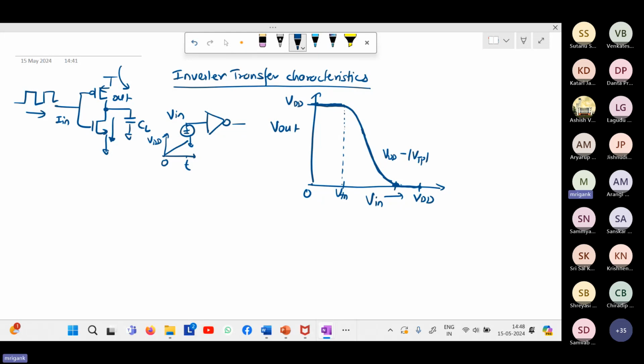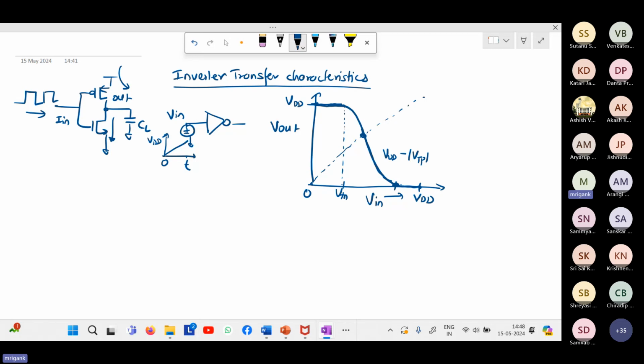And in this region, we can figure out which transistor is in what state of operation, right? If I draw a 45-degree line, which means the V in equal to V out line, it will cut this curve somewhere.